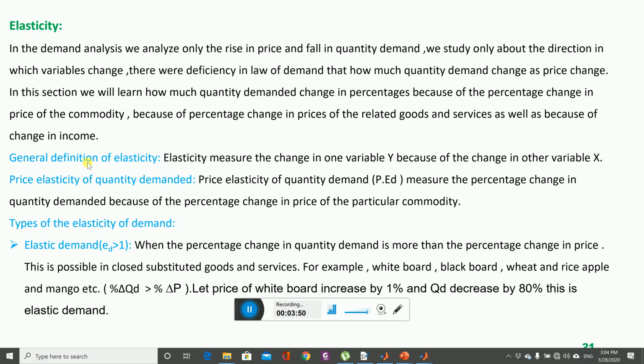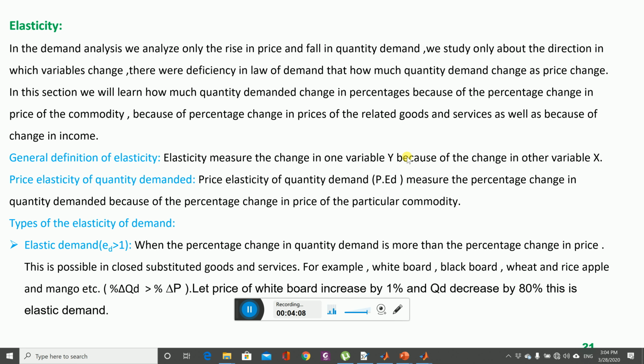Generally, I define the concept of elasticity: elasticity measures, estimates, computes and calculates the change in one variable y because of the change in another variable x.